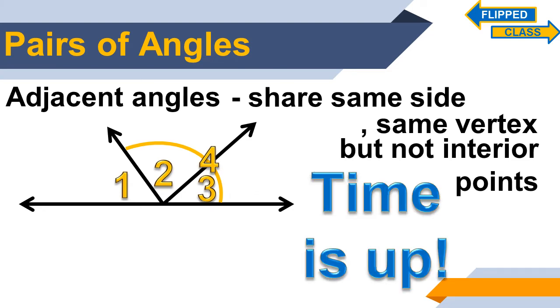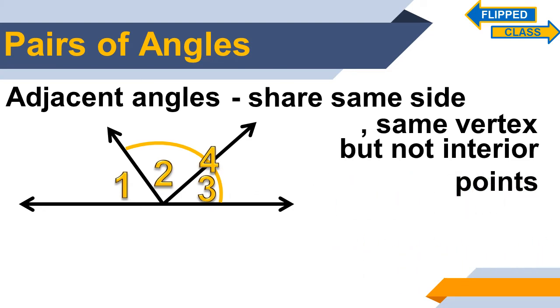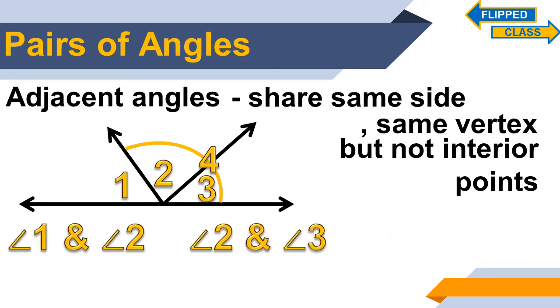Time is up. Let's see. These are the adjacent angles in this figure. Angles 1 and 2. Angles 2 and 3. And we still have one more. Actually, we have angles 1 and 4. These are the three pairs of adjacent angles in this figure.